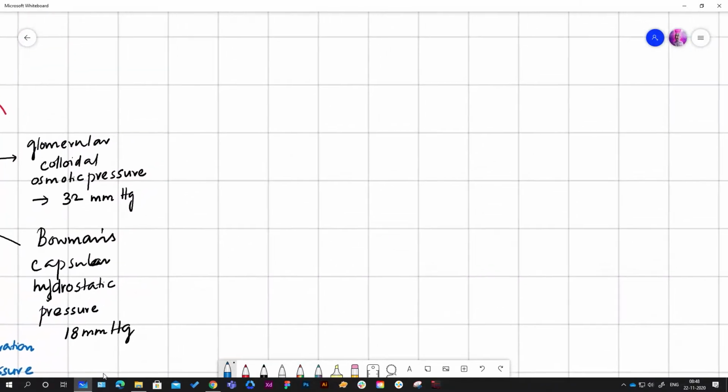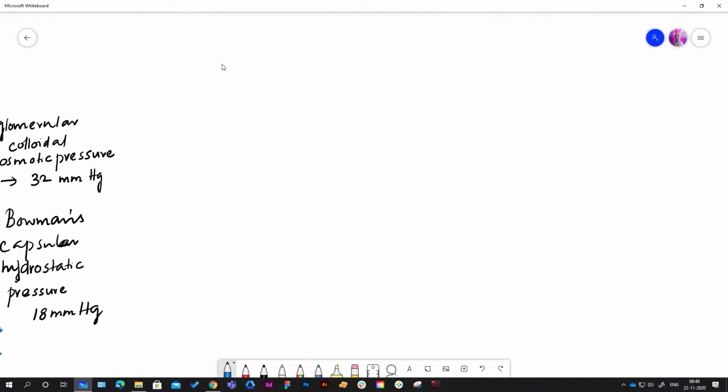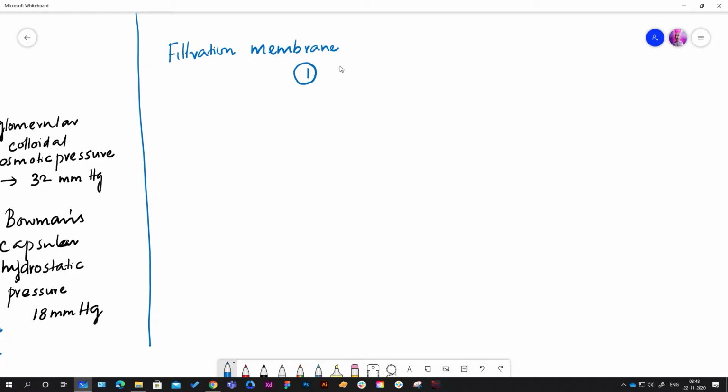When you look here, you will find that there is one membrane which is formed. That membrane is called the filtration membrane. Where is this present? This is present near the glomerular side of the Bowman's capsule. It is made up of three components. First component is the endothelium of the blood vessels, blood capillaries.